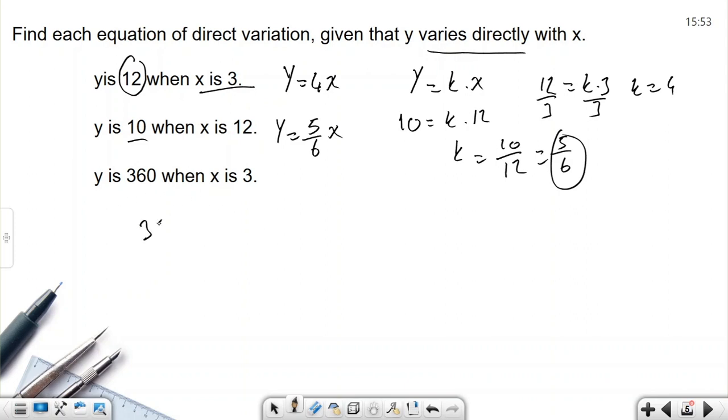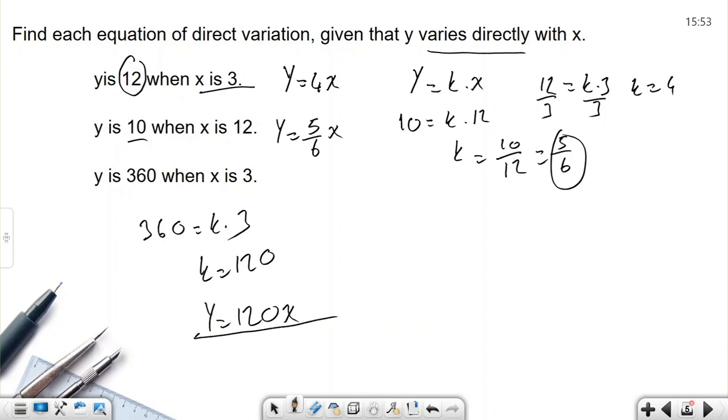This is the last one: 360 equals k times 3. So k equals 120. So y equals 120 times x. So that's how we find the rate of change when one point, or one pair of the variables, is given, and then write an equation of direct variation.